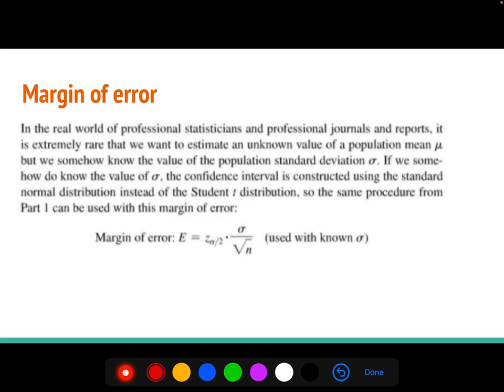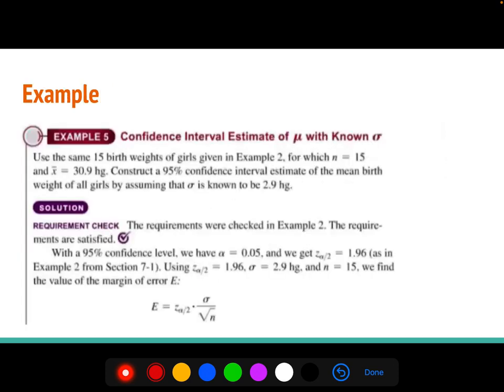So part 2 is talking about our margin of error being basically the same formula, except the margin of error is the critical value times sigma over the square root of n, and this is what we use when we do know sigma.